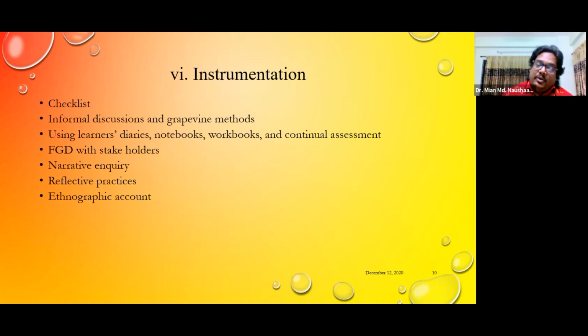I mean, what I think about my book and what another colleague thinks about this book. So we can always discuss and find out. There can be reflective practices, and there can also be ethnographic accounts. As a teacher, I can write down my own reflections, and I can also try to find out how other people are reacting to the course materials.